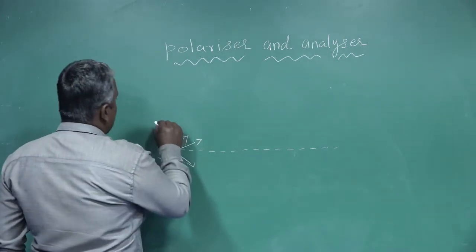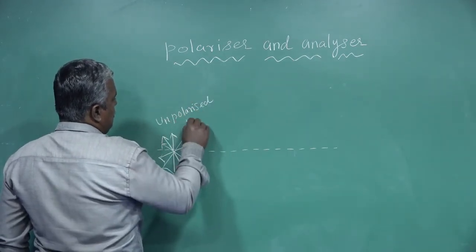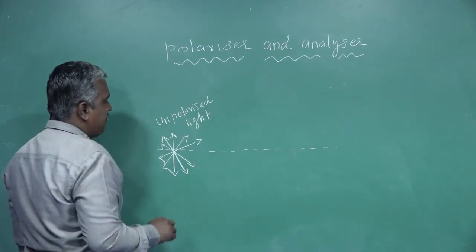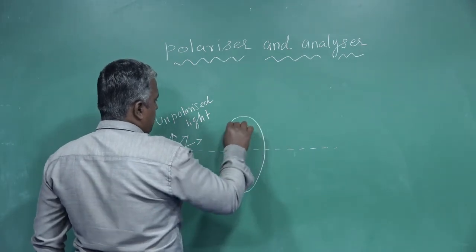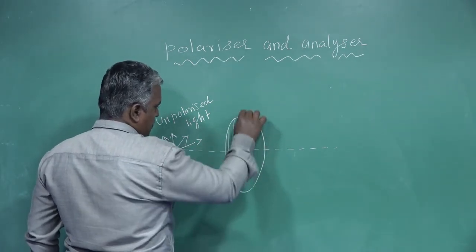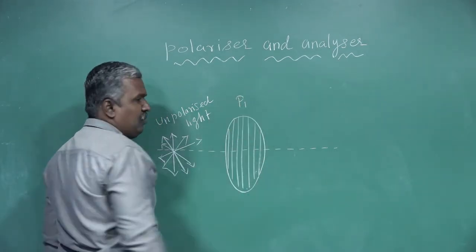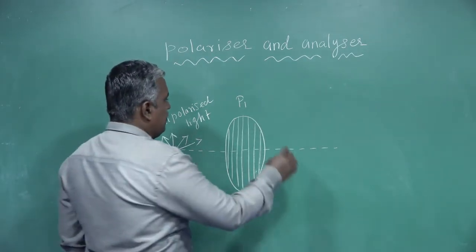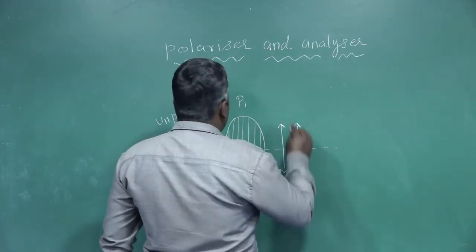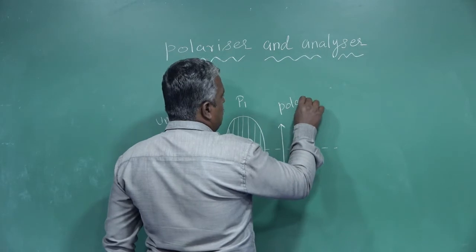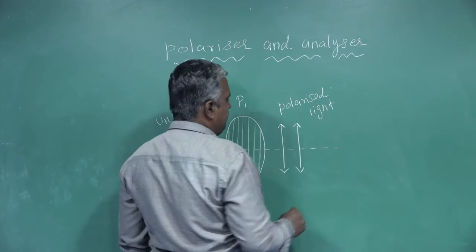This is unpolarized light. This is one polarizer, it is called P1. This is polarized light.